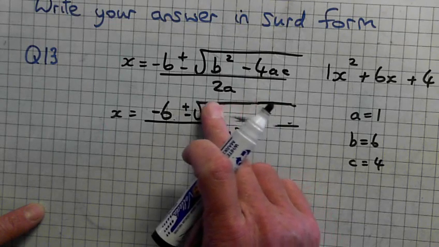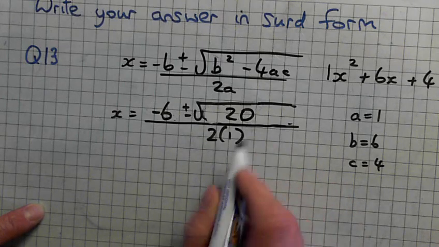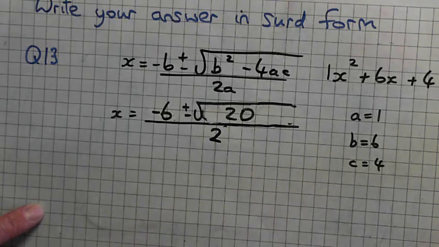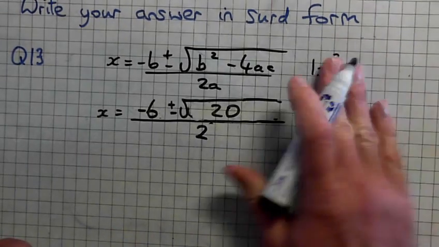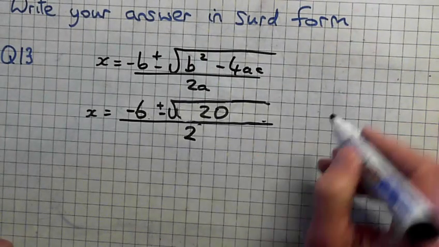Square root of 20. What's 2 times 1? 2. Now we'll sort out the square root of 20.